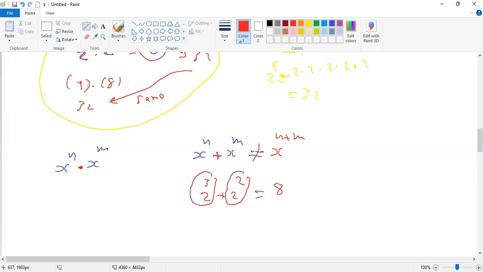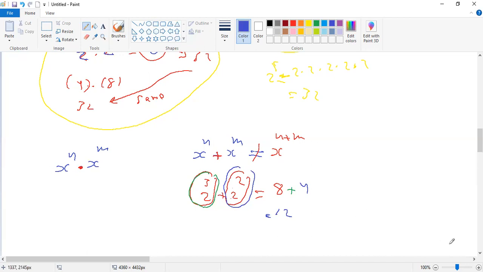So the first one is 8, a plus, and the second one, 2 squared, is 4. So the answer is 12. Now, the question is, return back.